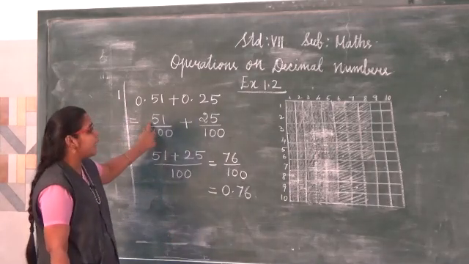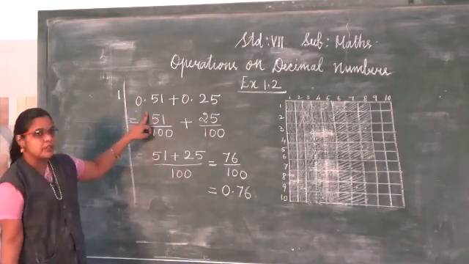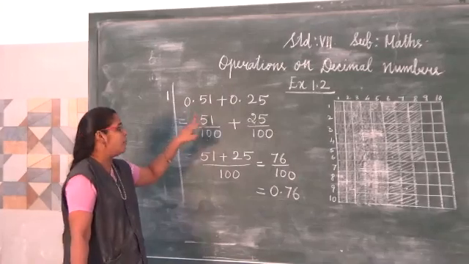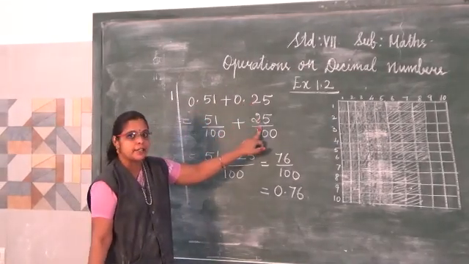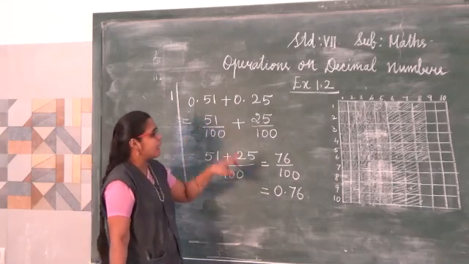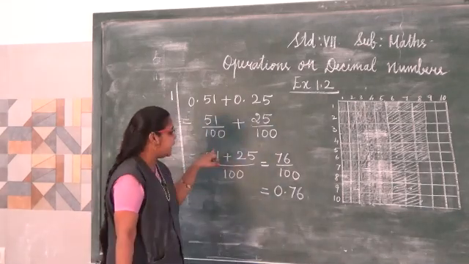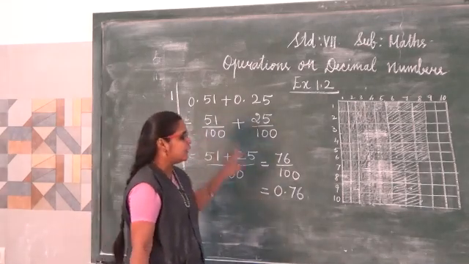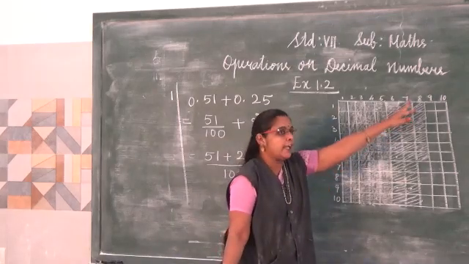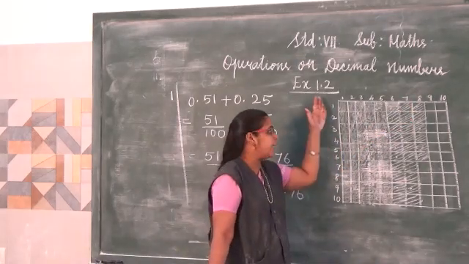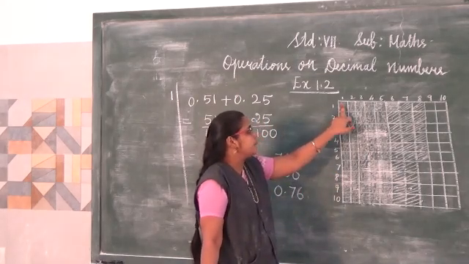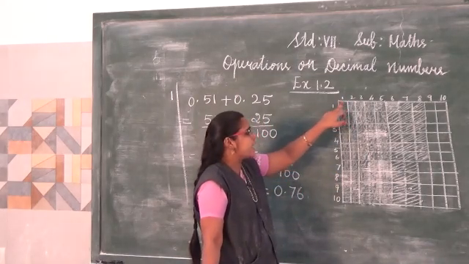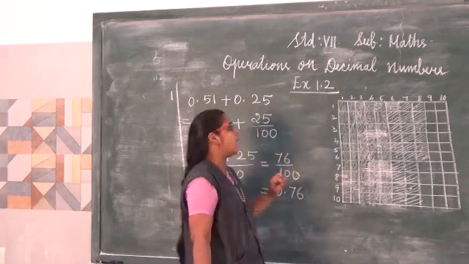First we have to convert this into fraction form, 51 by 100 and then 25 by 100. Since it is 100 in the denominator, we have to draw 10 rows and 10 columns, and each square is represented as 0.01.